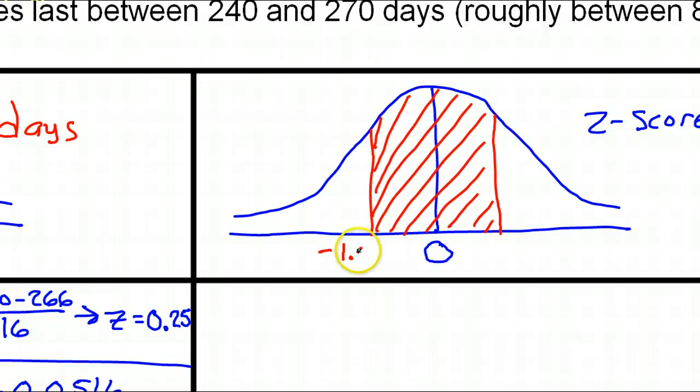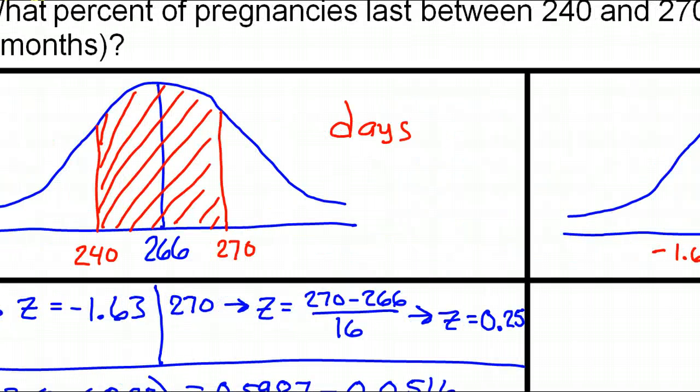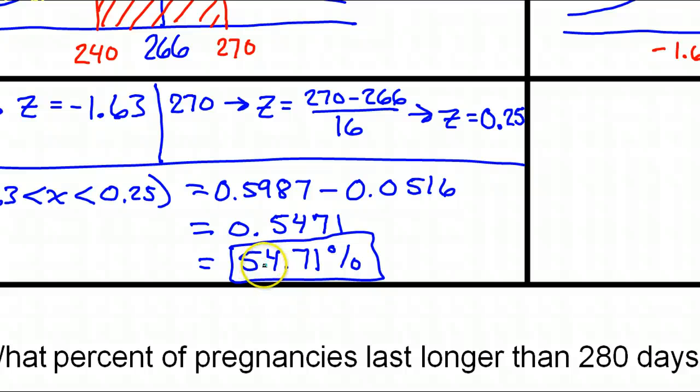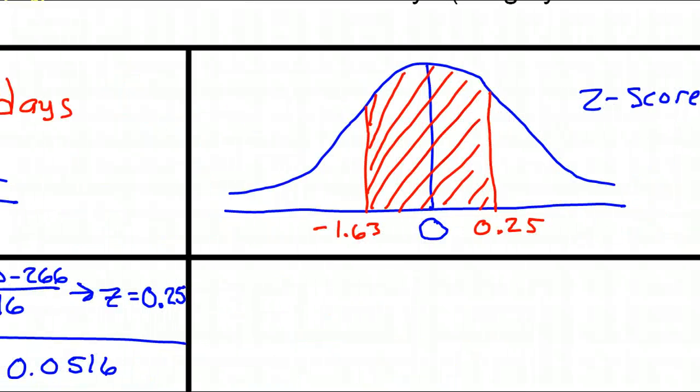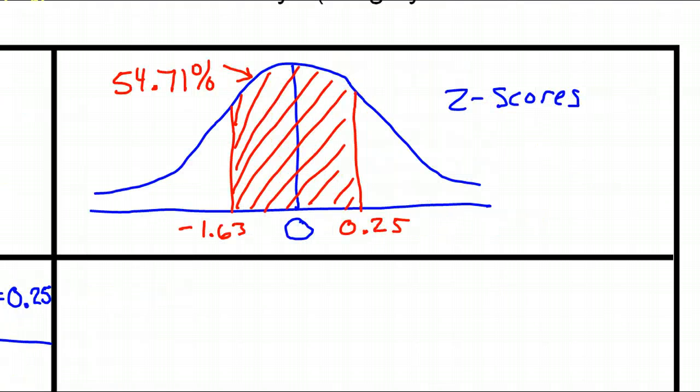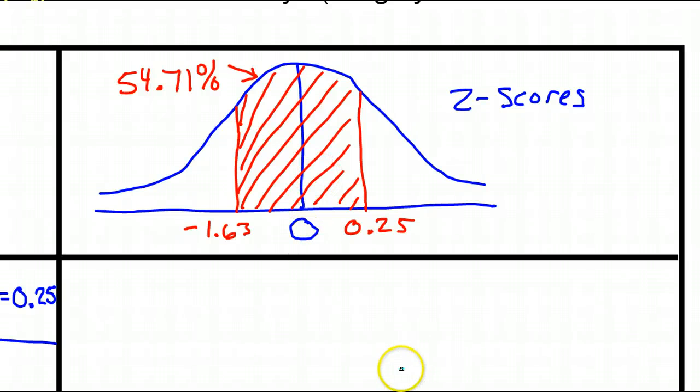And let's go ahead and include the percentage that we found. So between here, it should be 54.71%. All right, is between here. So this is really the picture of what we wanted.